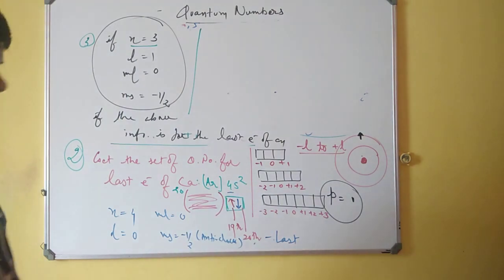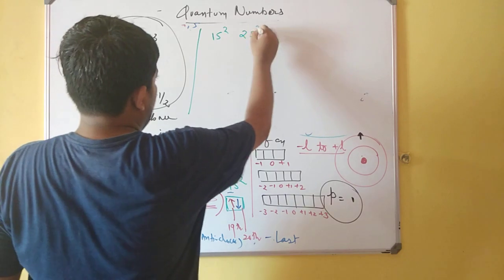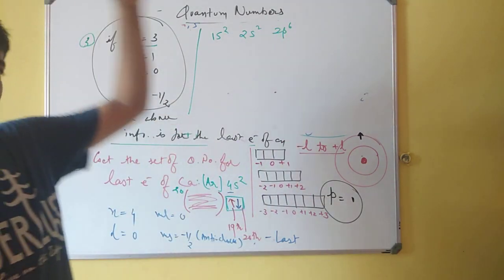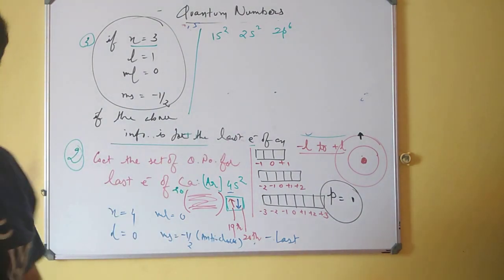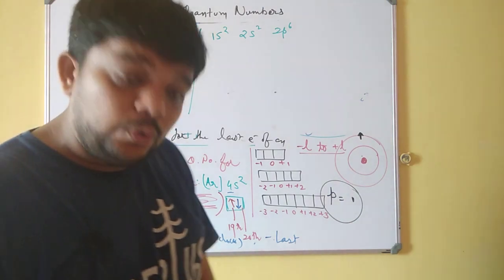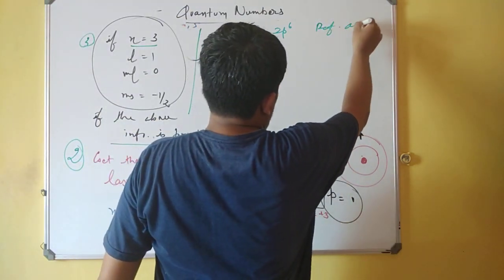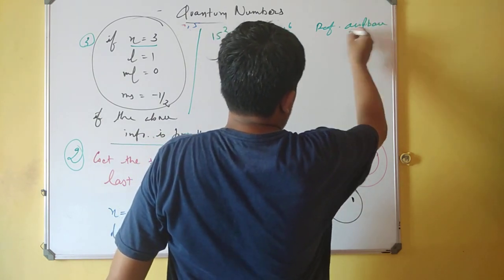n is 3. So it is very clear that 1s2, 2s2, 2p6 is done, because we are in the third orbit. It is only possible when the first and second orbits are completely filled. Otherwise, you cannot go for the third orbit with reference to Aufbau.